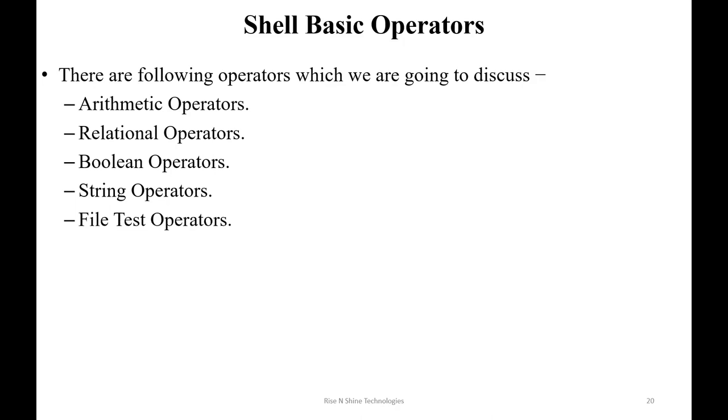And file operators, especially in the shell, which we should know, because if you are working on any automation scripts with the file system, you should know how to go to directories or verify that files are there or not, or whether a file has read permission, write permission, or executable permission.